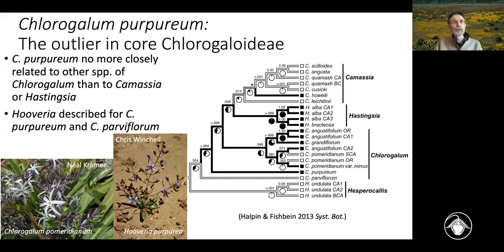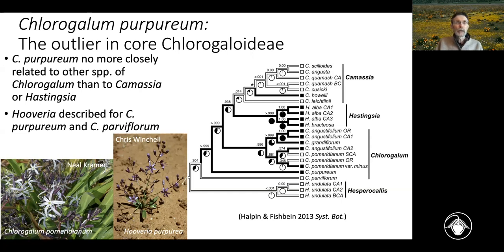A different solution, though, was instituted for Chlorogalum. Chlorogalum, the soap plants, are members of the subfamily Chlorogaloideae, which is a subfamily of the Agavaceae, the agave family.